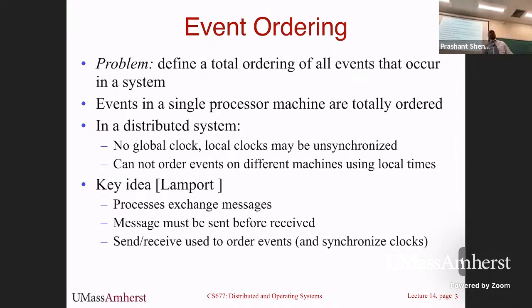There are no physical clocks we are going to use in the system. A global clock essentially means a single, perfectly synchronized clock that you can use on all the systems. There is no such thing in the real world anyway, but we'll assume not only is there no global clock, there's no clock synchronization at all. So even the physical clocks that exist are unsynchronized. We can't use physical clock timestamps to order events because we're assuming there is no clock synchronization at all.